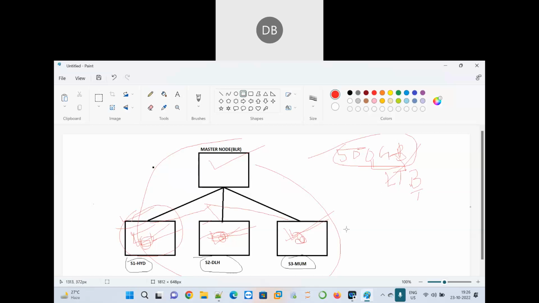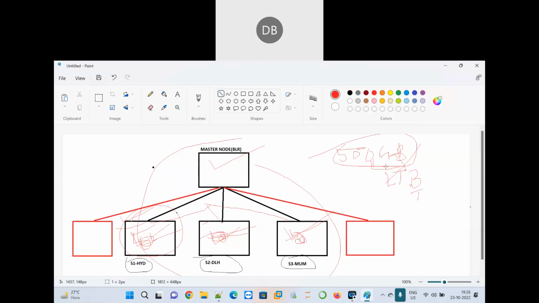In future, if another 1 TB of data needs to be stored, then what should I do? I will extend one more node, or 1 or 2 more nodes, and I can store the data in a distributed environment.